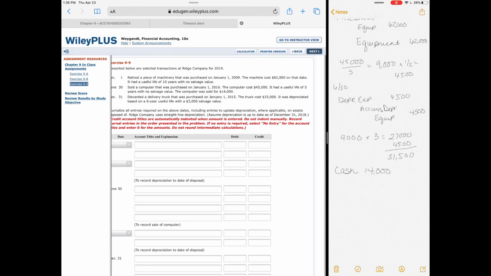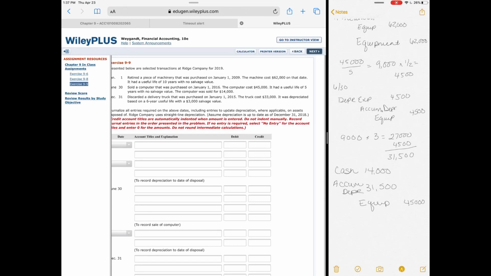I need to get rid of the accumulated depreciation. So I'll debit that accumulated depreciation for the $31,500. I need to then make sure I get the equipment off the books. The equipment was on the books for $45,000.